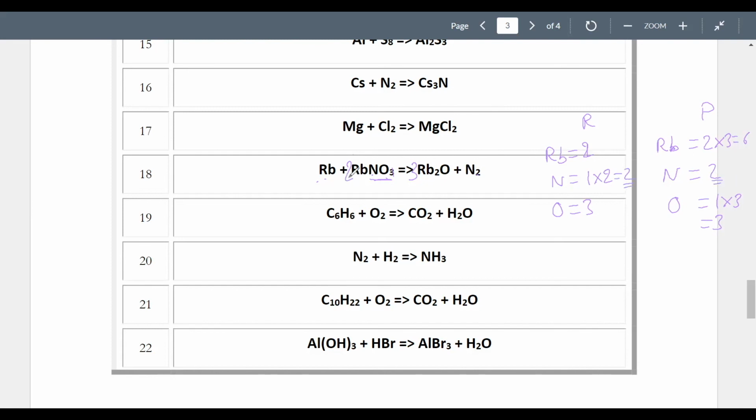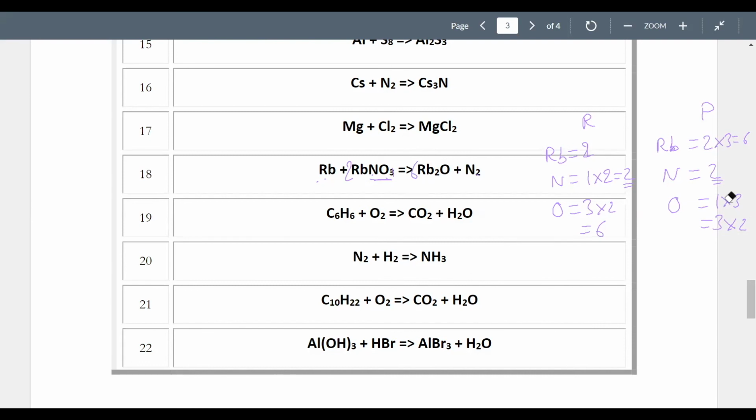When this was multiplied by 2, it not only affected the nitrogen, but it also affected the oxygen, because now we have 6 oxygen atoms. In order to balance the oxygen atoms on either side, we need to multiply that by 2, which means instead of 3, we need to multiply that by 6.